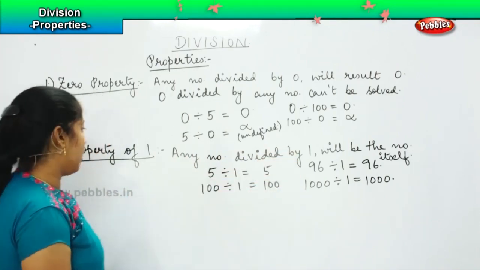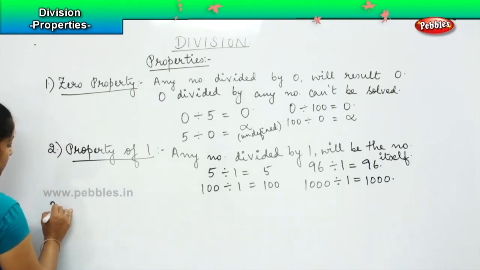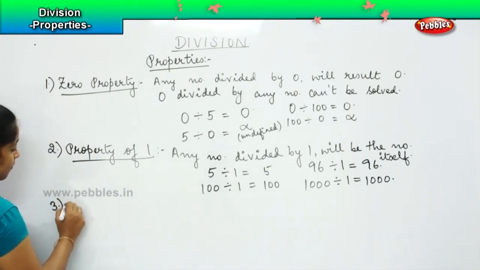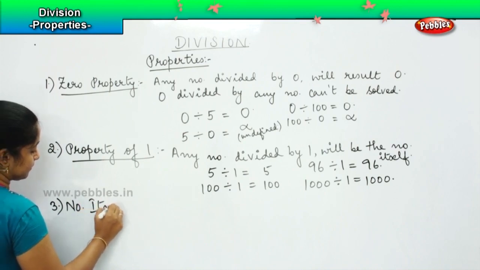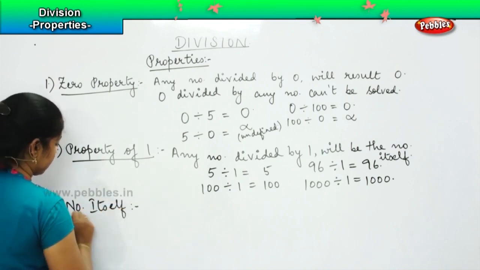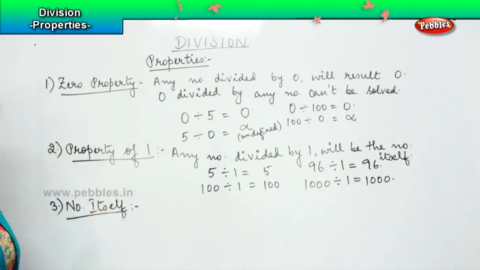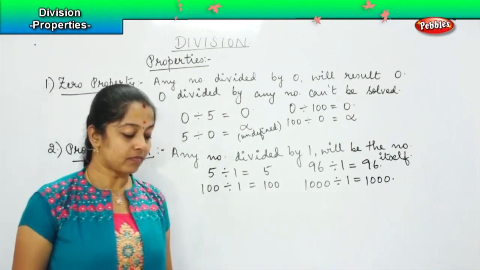Clear? Now, come to the third property, that is the number itself. So, what do you mean by number itself, children?